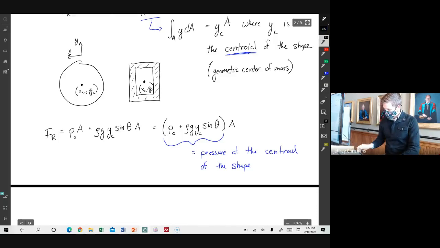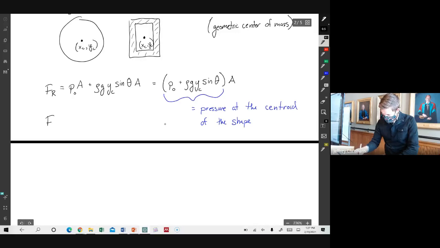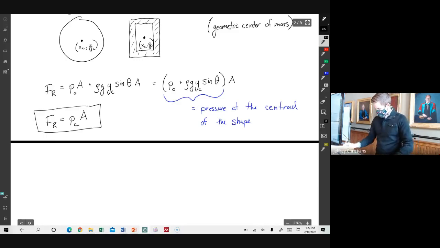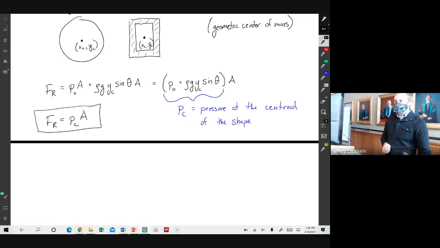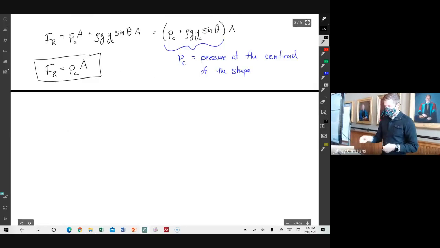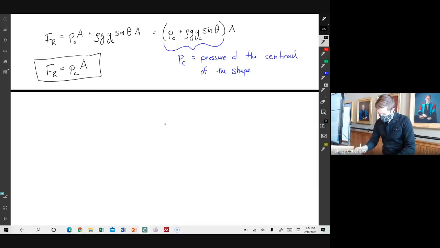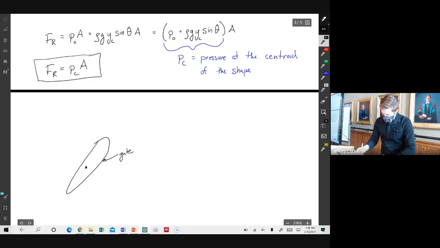So our resultant force FR equals PC A. So this is PC. This should, at least when I draw the picture, hopefully make some sense. If we imagine our gate here, there is the centroid.